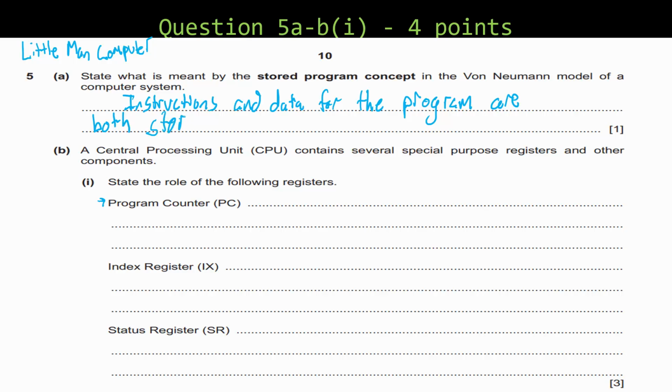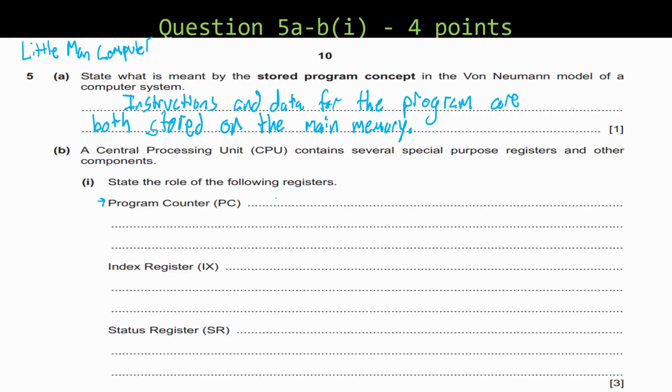If you've ever used the little man computer, you will know that it's the main memory where we have to store data. We have to fetch instructions. There's a current instruction register. There's a memory address register. There are the buses, but we'll get to all that.